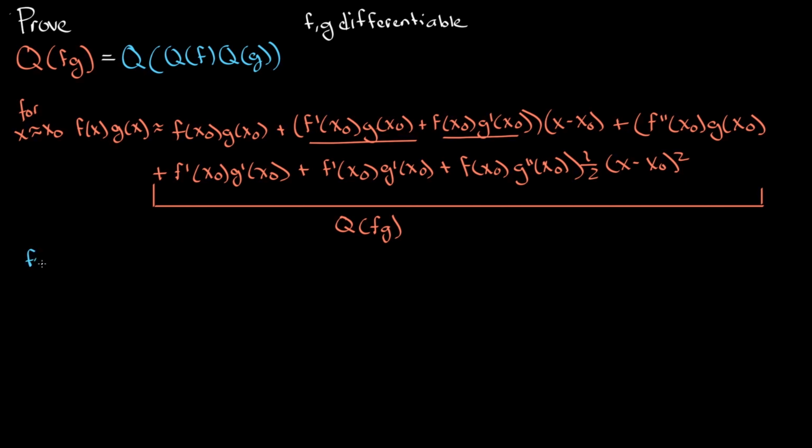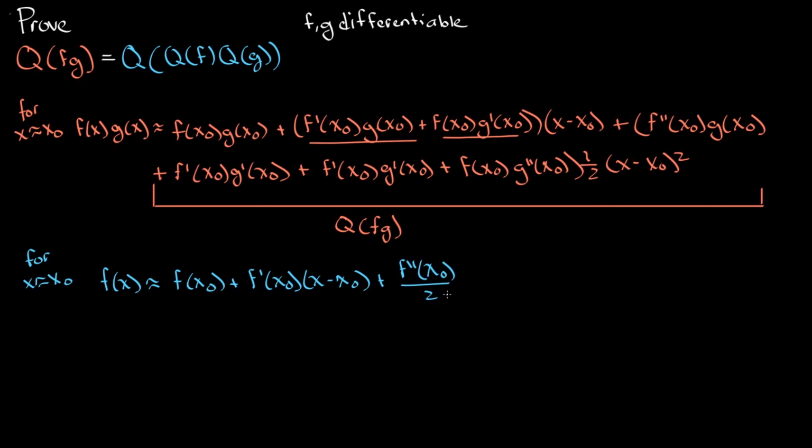So again, this is going to be for some x value near some x naught, and we have that f of x is going to be approximately, and again, we're just doing our quadratic approximation formula. So this is f of x naught plus f prime of x naught times x minus x naught plus f double prime of x naught over 2 times x minus x naught squared.